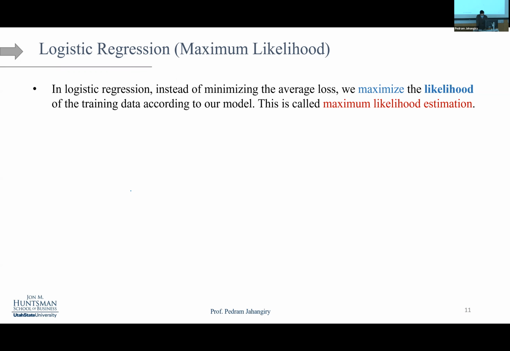The idea is that in logistic regression, instead of minimizing the loss function or the MSE, you're maximizing the likelihood function. So what is this likelihood function? Likelihood function is the probability that the true numbers in the data are coming from the model, assuming some parameters.